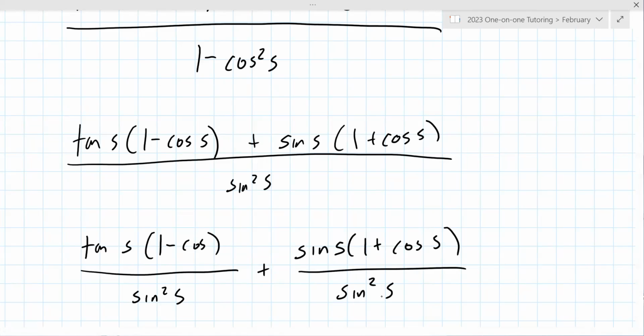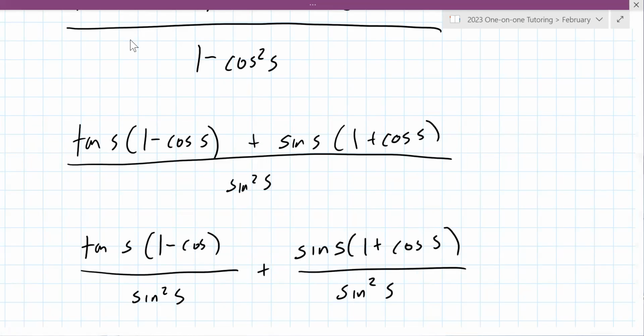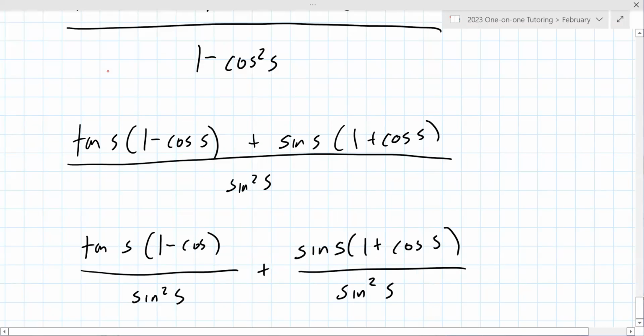Is that okay? Yeah. Okay, now there are some cancellations, and you just said one of them, right? What happens on the right? That's probably the easier one. The sine on the top goes away, and then the bottom is just sine. Okay.